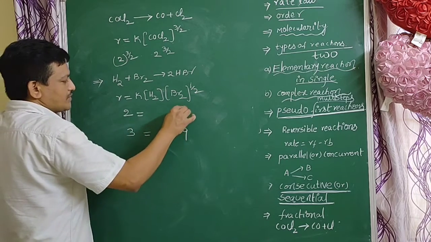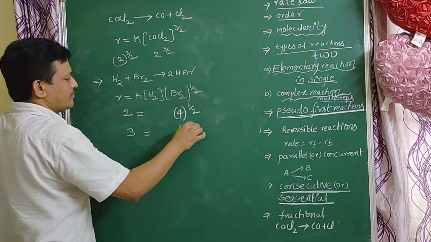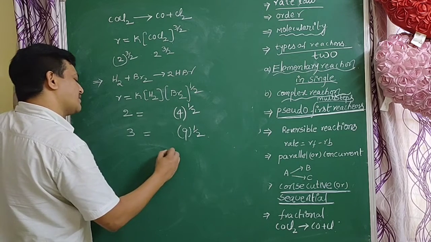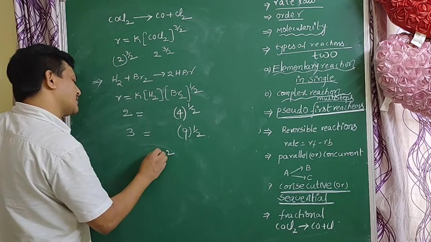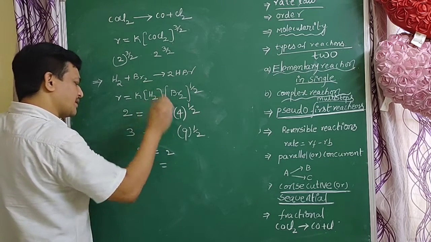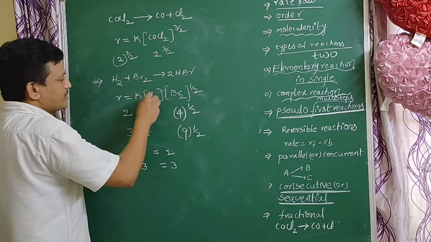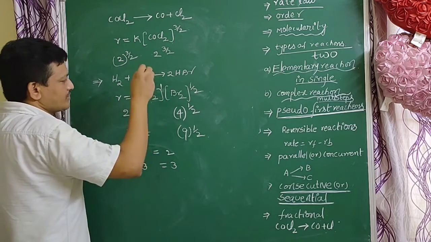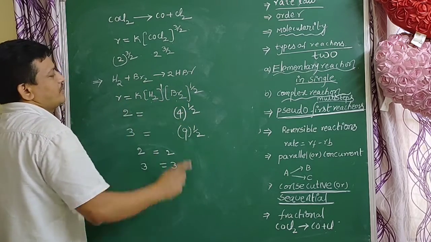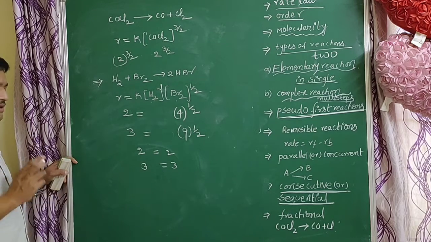So with respect to B, the power is 1 by 2. When hydrogen increases 3 times, the rate also increases 3 times. With respect to hydrogen, it is first order, with respect to Br2 it is half order, overall order 1 plus half, 1 and half. So this type of reaction is a fractional order reaction.